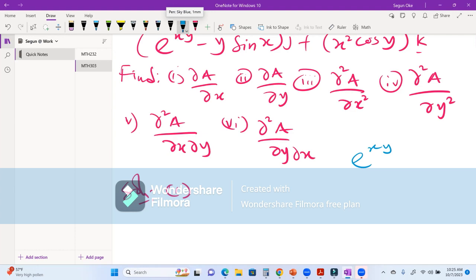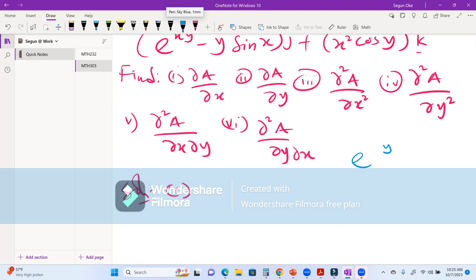What it means is, when I'm solving for x, probably if I'm solving for y now. Okay, this is what it means.